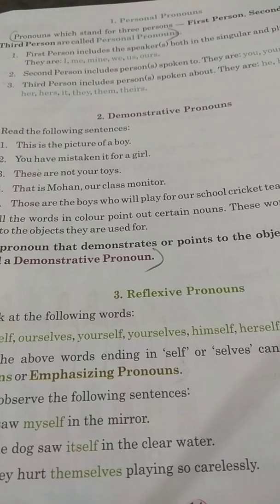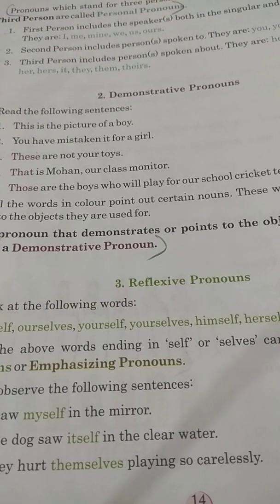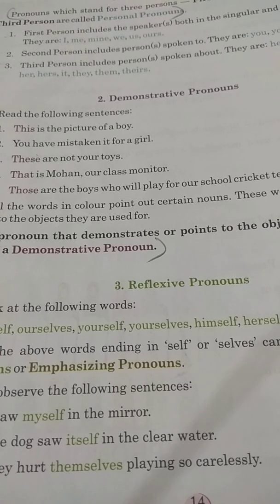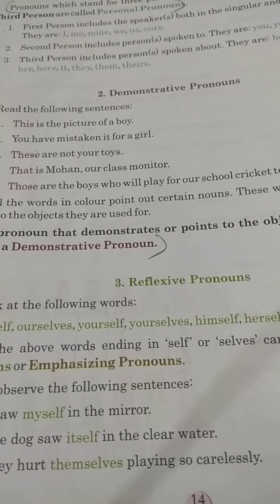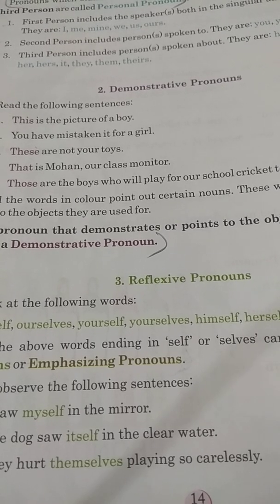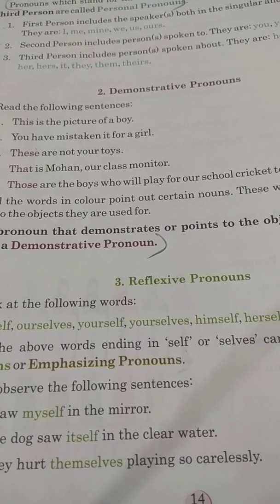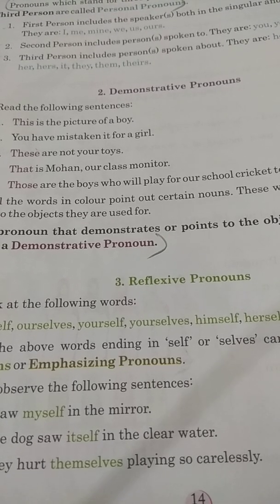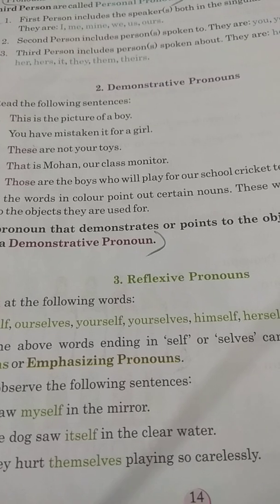So personal pronouns are used for three persons. The first person, the person who speaks. The second person, the person spoken to. And the third person, the person spoken of, are called personal pronouns.